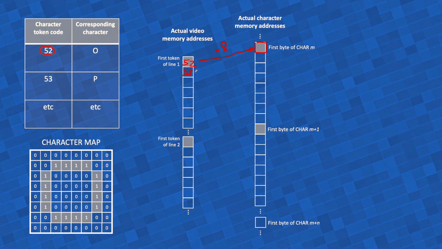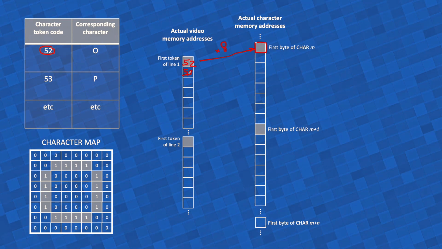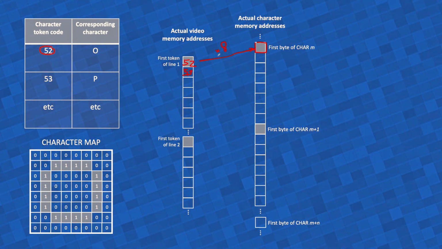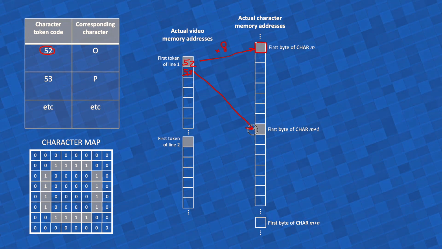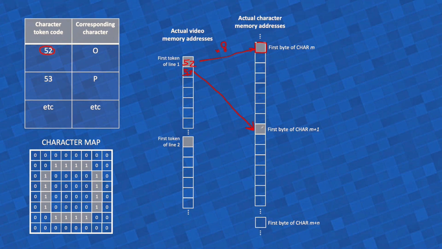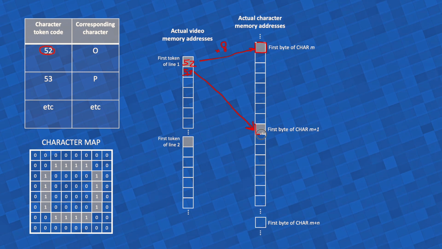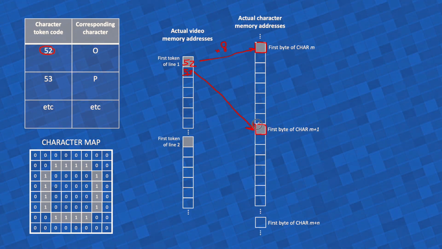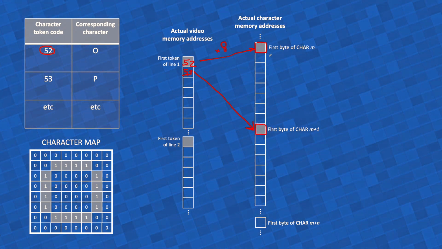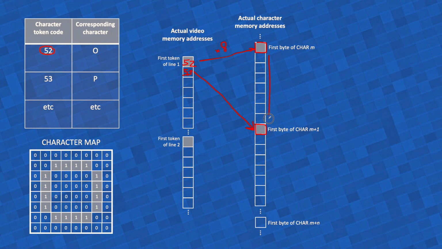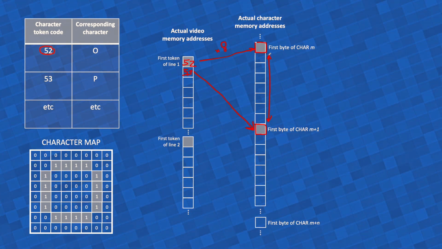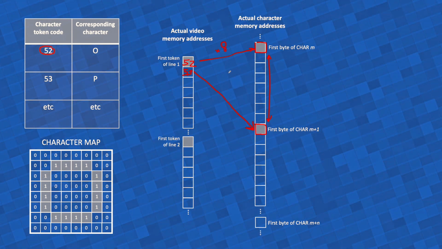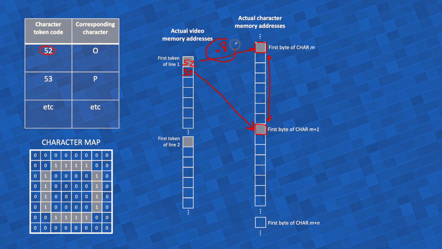And then you would also multiply this one by 8. The difference between them is 1, so times 8 it would be 8, and it would then point here. That would be the first byte of the bitmap of character P. And you would then have space for the other 7 bytes in the bitmap of character O. So this is what the hardware has to do.